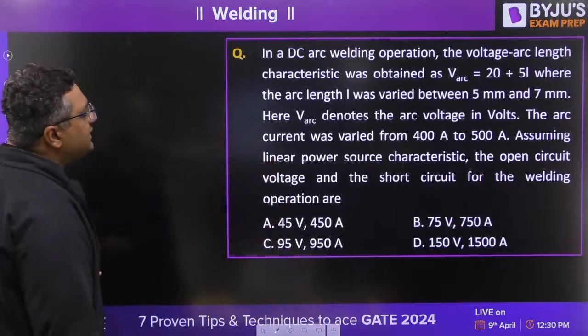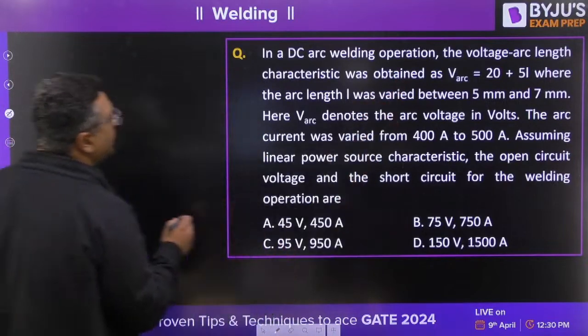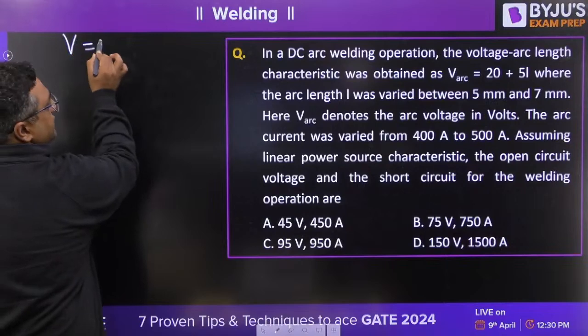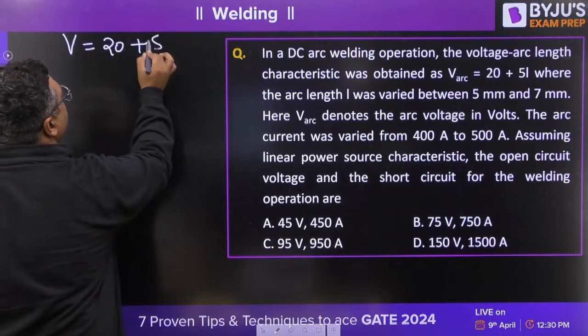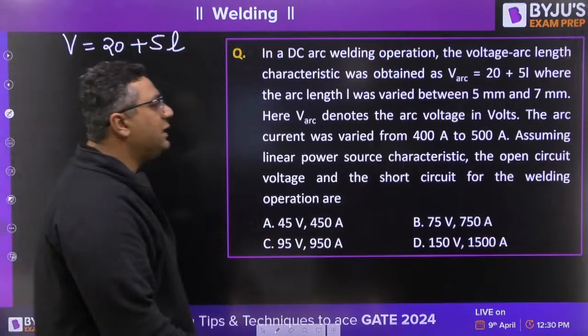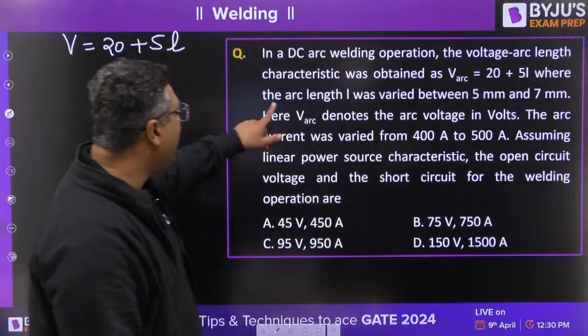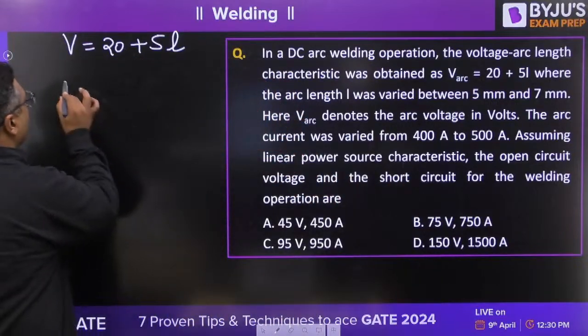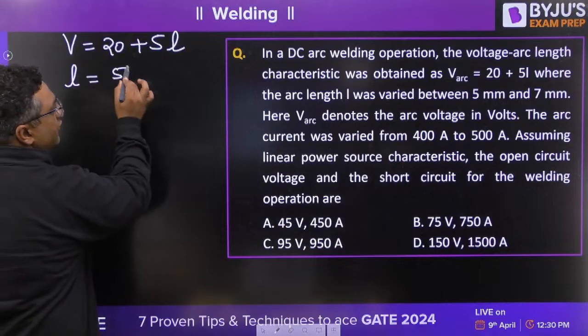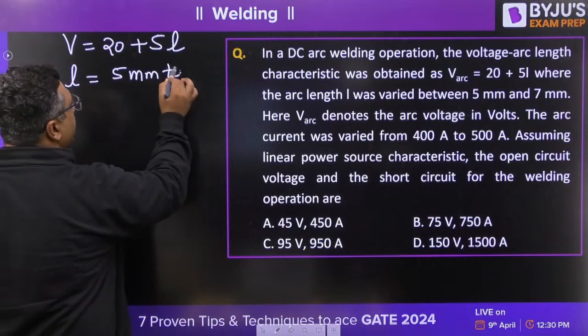The characteristic is V equals 20 plus 5L, where the arc length varies from 5 mm to 7 mm.